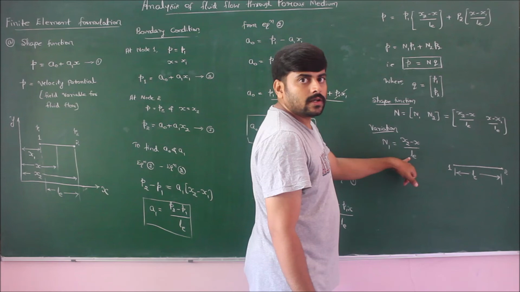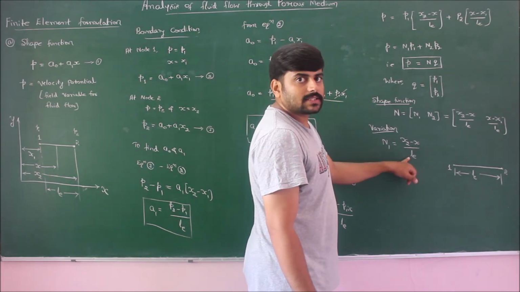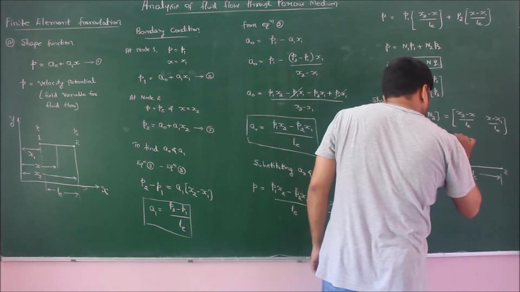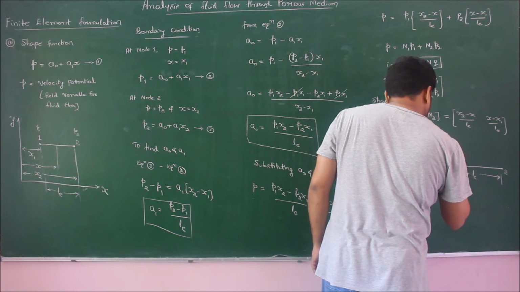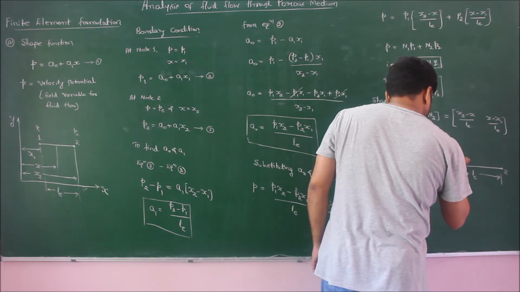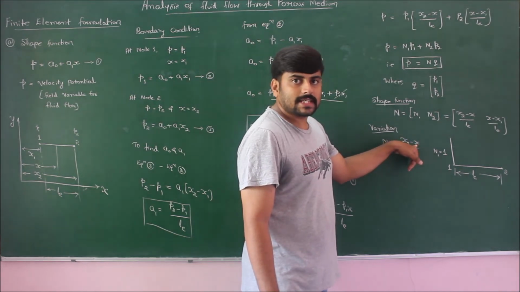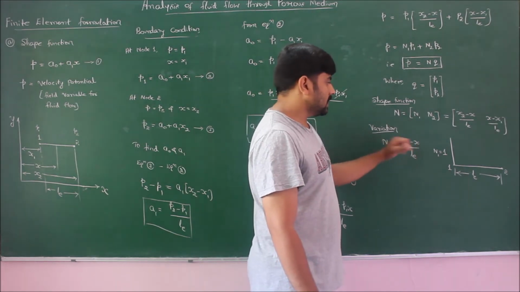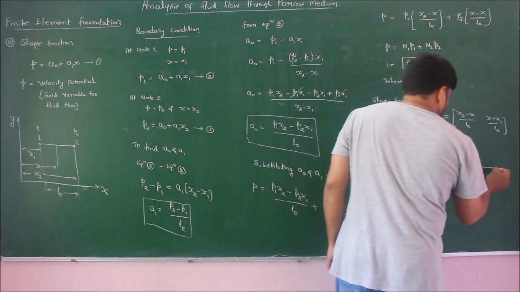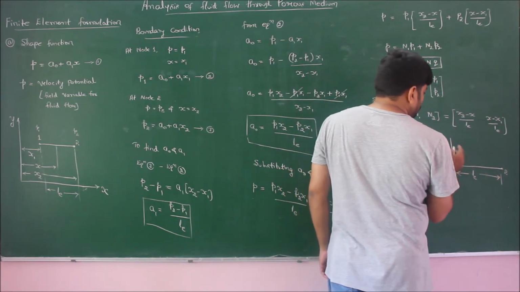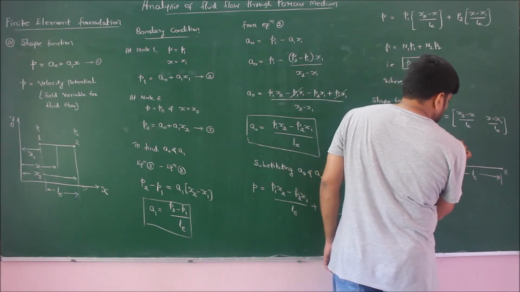LE by LE will give us the value of N1 as unity. So if I plot, I'll get 1 at node 1. N1 is equal to 1. At node 2, the value of x is x2. x2 minus x2 will become 0. So the value of shape function N1 is 0 at node 2. The variation is linear.